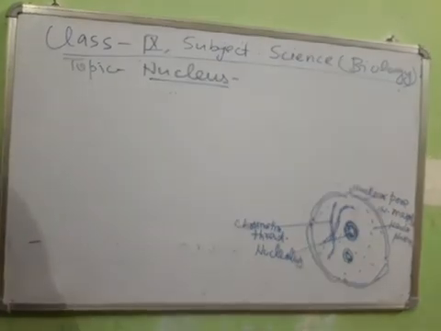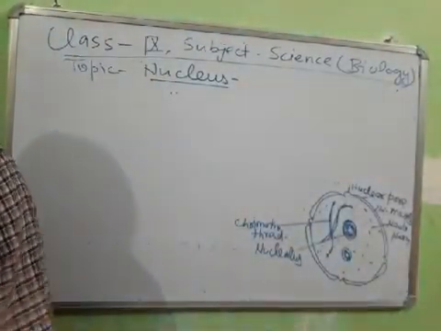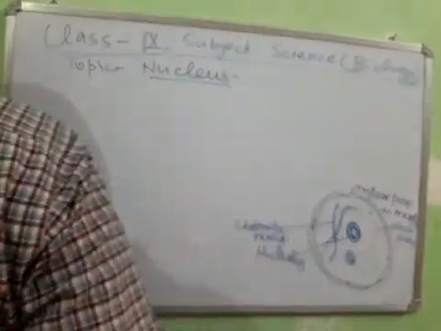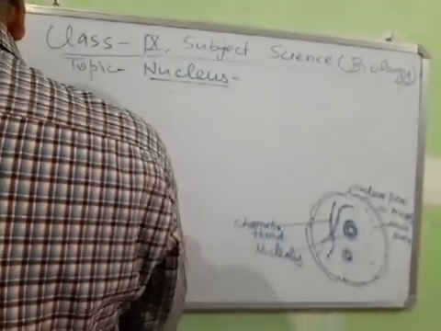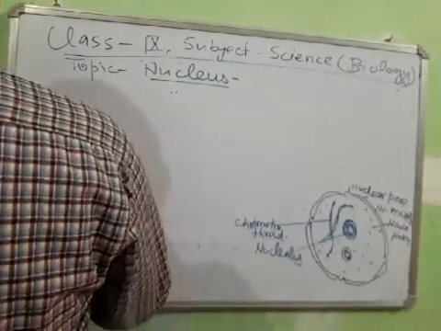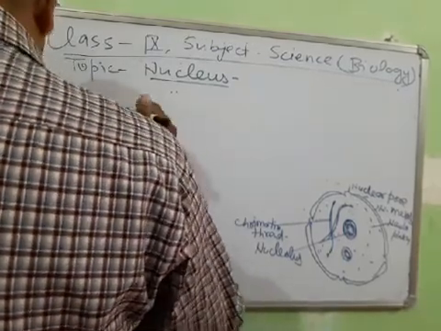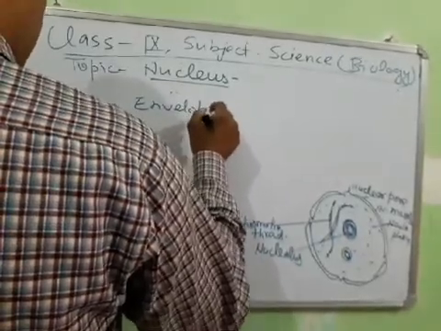You can write down in the rough. I am going to give you some clues about these parts. Write down. Nuclear envelope means nuclear membrane.